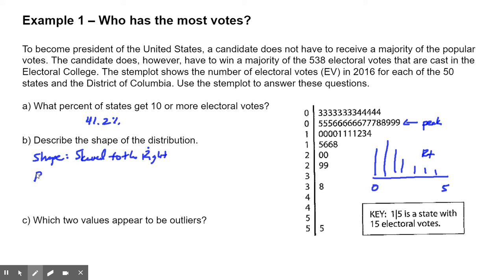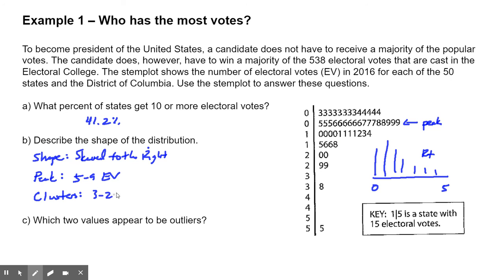We're looking for the peak now, and for this, you have to give a range. So the peak is between 5 and 9 electoral votes. I'll just put EV for electoral votes. Then I'm looking for any clusters. Really, the whole thing's a cluster, from 3 to 29.